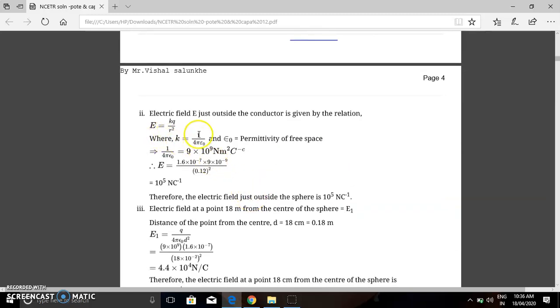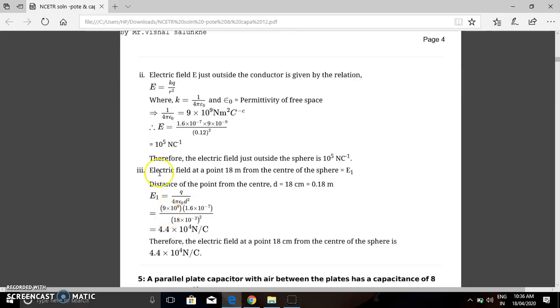Where K is equal to 1 upon 4 pi epsilon naught and epsilon naught is permittivity of free space. So if you put formulas, K is nothing but 9 into 10 raised to 9, charge 1.6 into 10 raised to minus 7. So distance as you have considered E just outside, the distance is equal to radius, so 0.12 square. So if you solve all these quantities, electric field just outside it will come 10 raised to 5 Newton per coulomb.